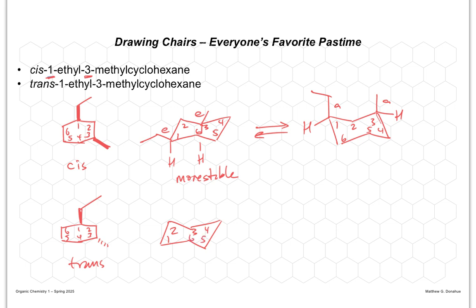So we'll keep the ethyl group the same. That's going to be up. And now when we go over to carbon 3, it's on the different face. So now the hydrogen's up, and then that methyl group is down. So we have equatorial, axial.